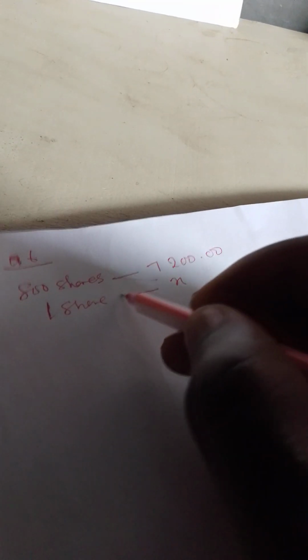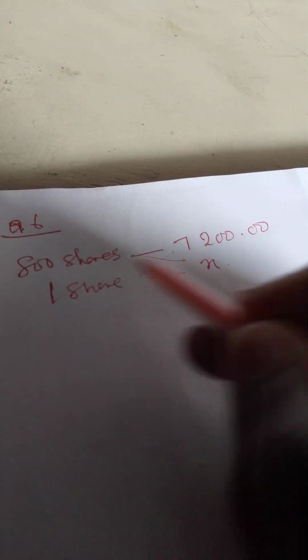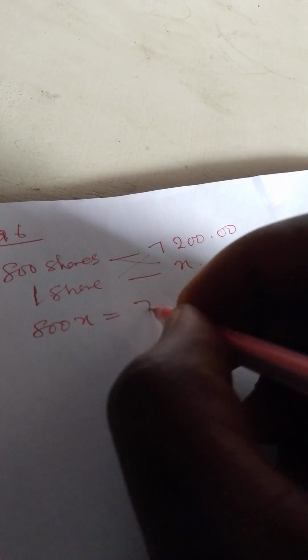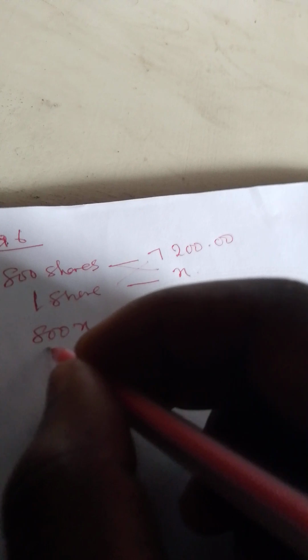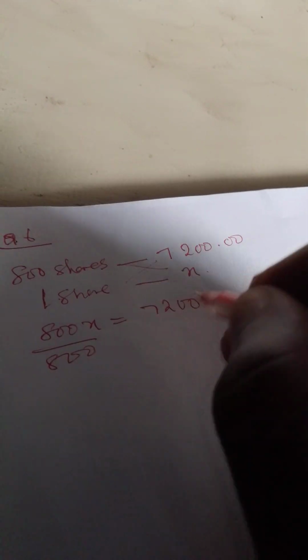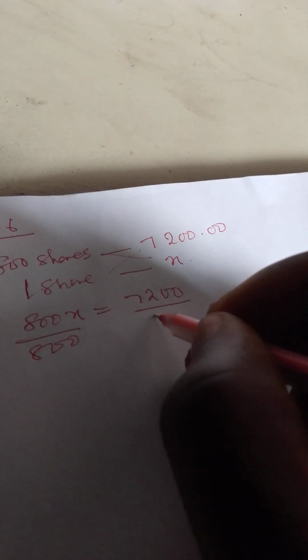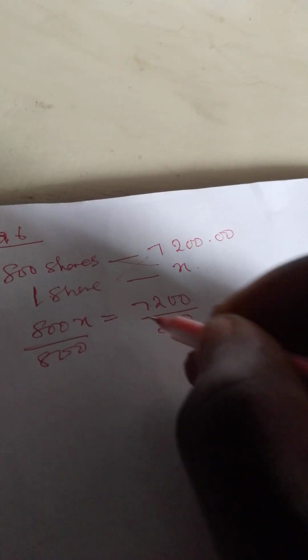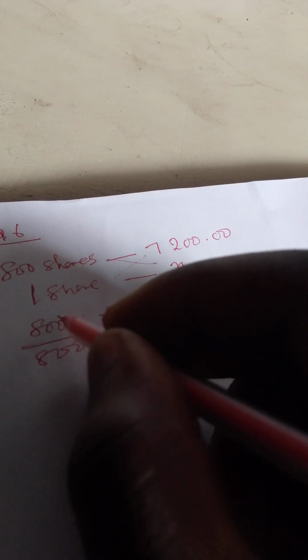So you cross multiply, X times 800 is equals to 1 times 7,200. Divide with 800, divide with 800. You cancel this.